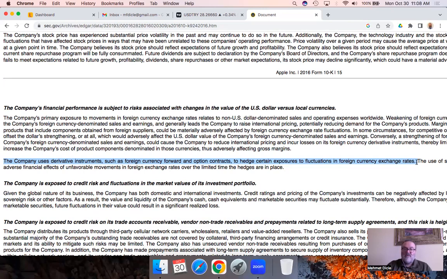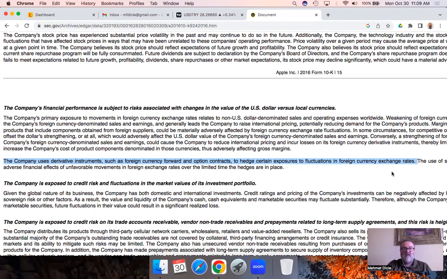The forward or future contract becomes an exposure in and of itself. So it is a forecasting of how much sales you expect to have, and forecasting of what the exchange rate is going to be, and then you create yourself a range and you try to hedge anything outside of that range.